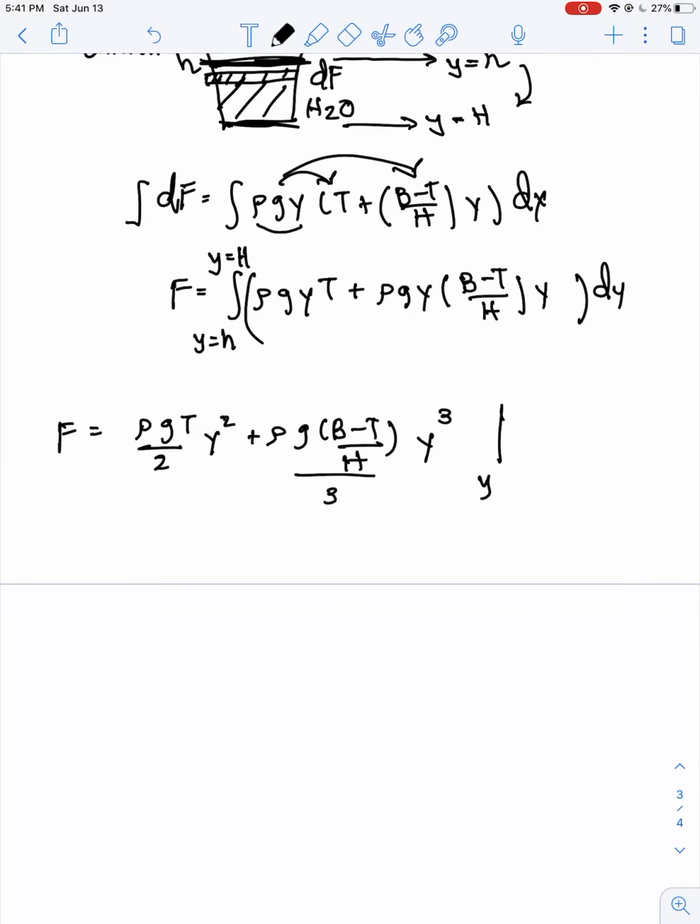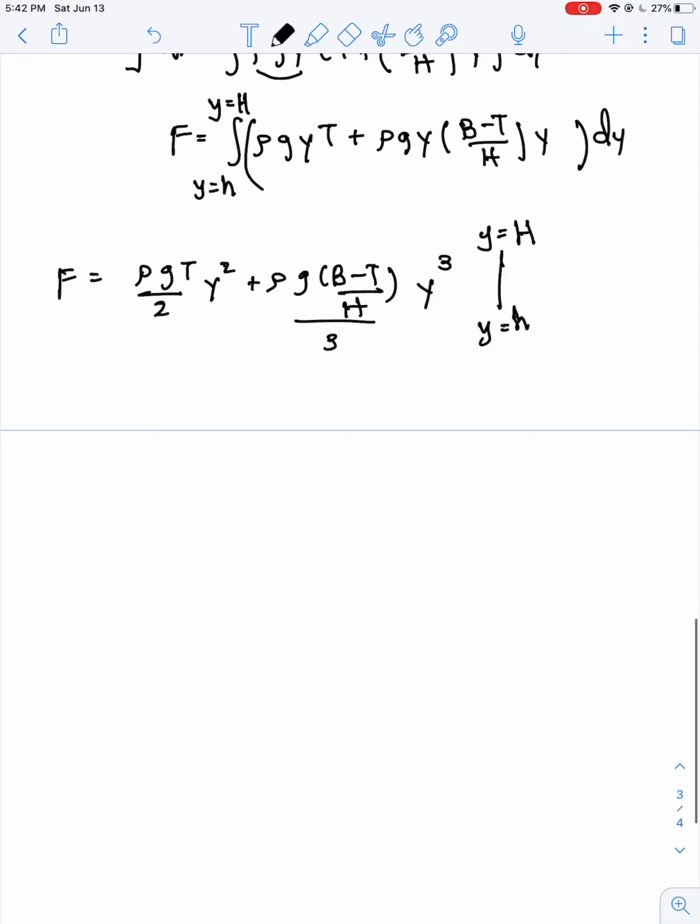And that is from y equals h, little h, the surface of the water, to the bottom of the dam.